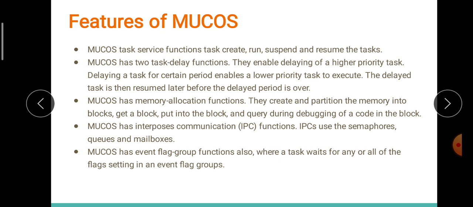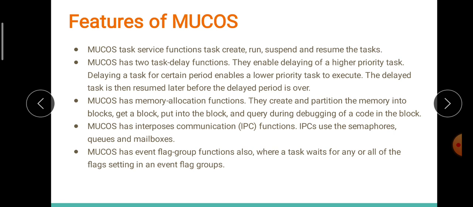And see, these semaphore functions in MUCOS can be used like event signaling flags, and can be used as resource sharing acquiring keys or counting semaphores. Any of these can be used as semaphore functions in MUCOS.